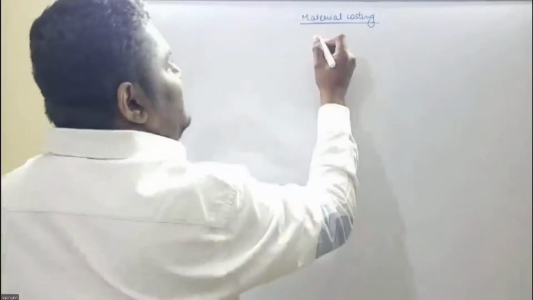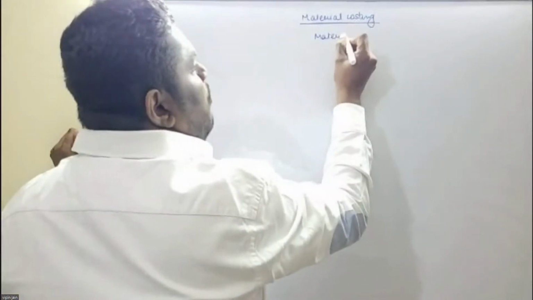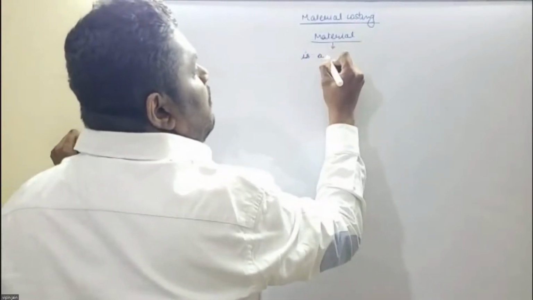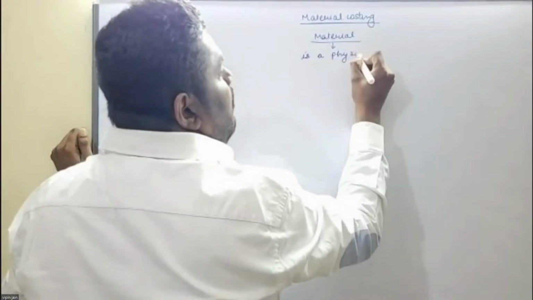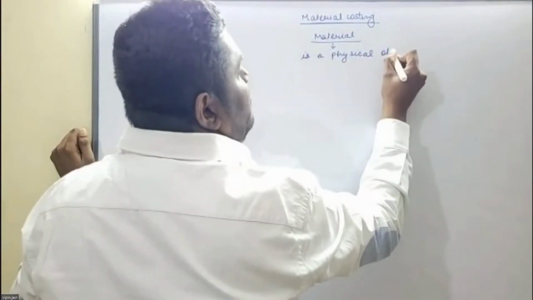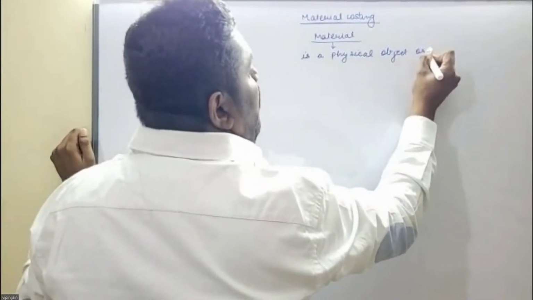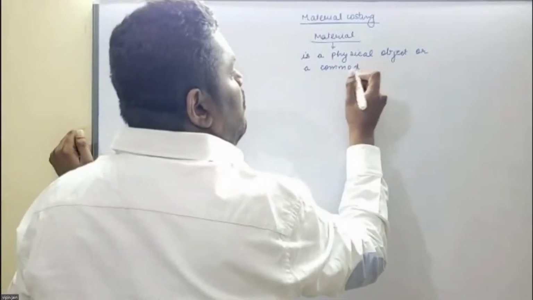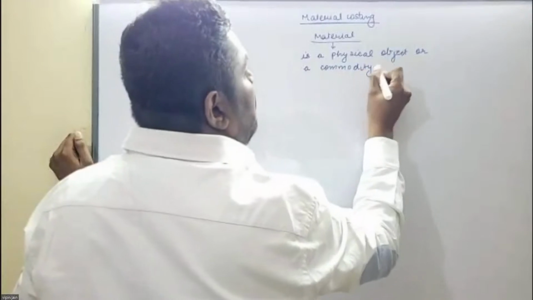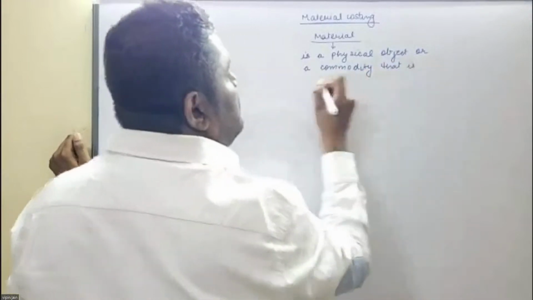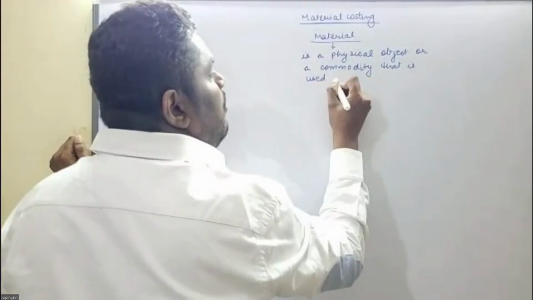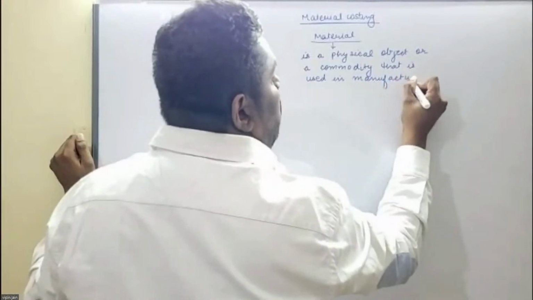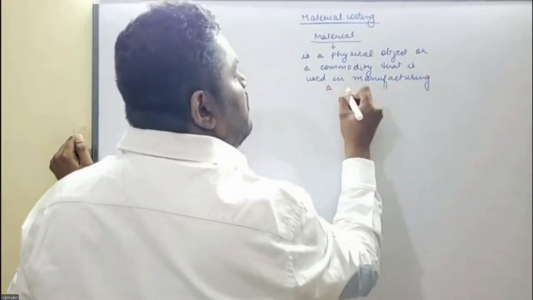So when talking about material, material is a physical object or a commodity that is used in manufacturing a product.